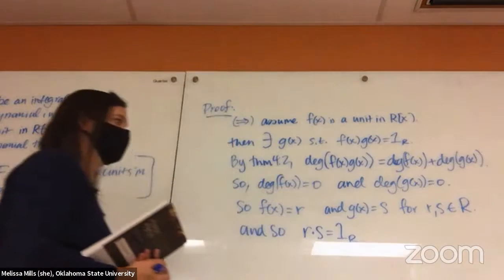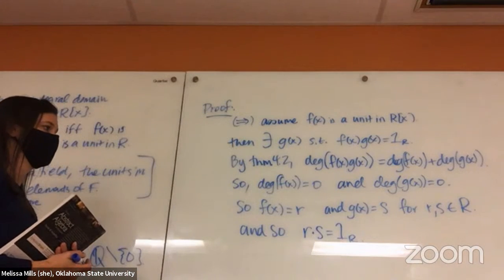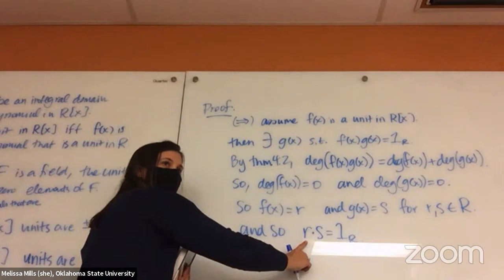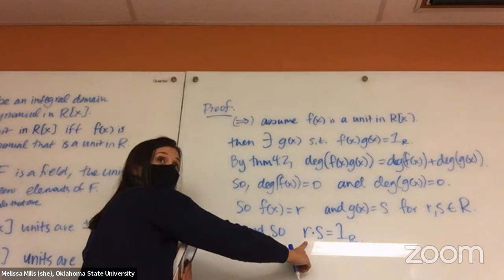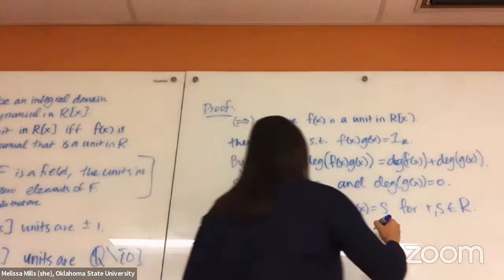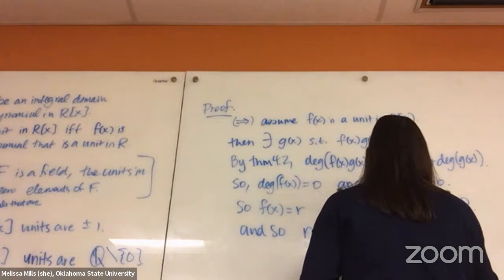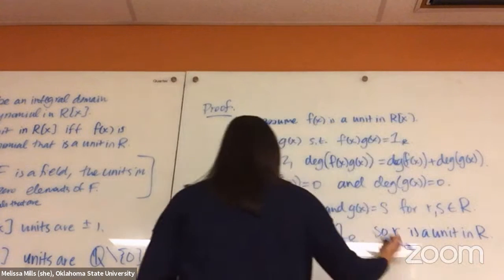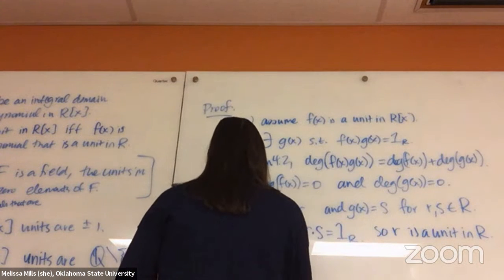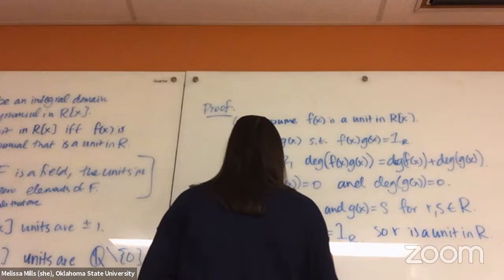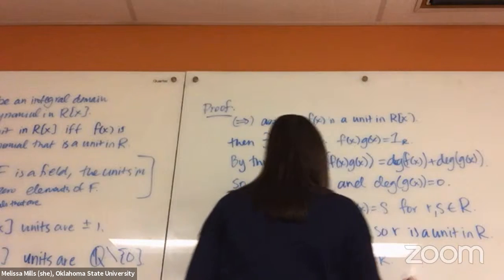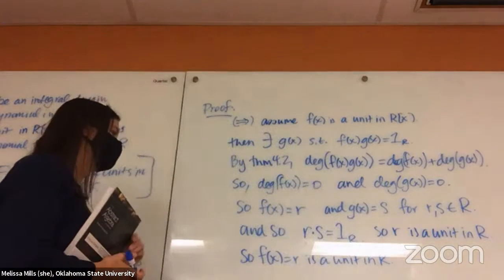And what does that mean about this r? It is a unit in the ring R. And what was r? r was f of x.